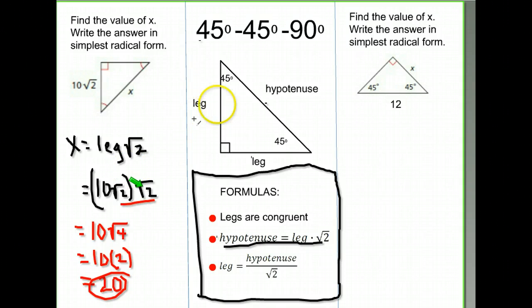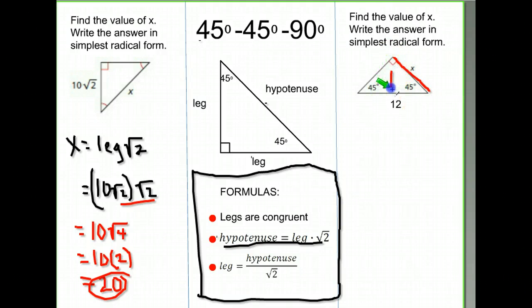Okay. Let's come over here to this one. It says find the value of x. Again, put it in simplest radical form. Again, we have a 45, 45, 90 triangle. So we know that we need to use one of these formulas here. So then we look at, okay, what is x? What are we trying to find? And this time, notice it's a leg. The legs are attached to the right angle.